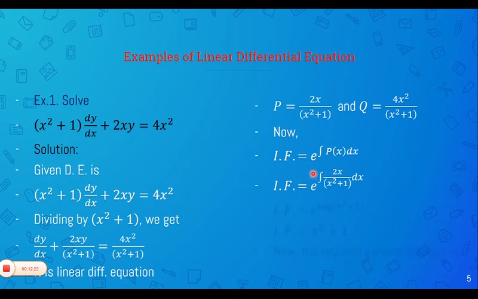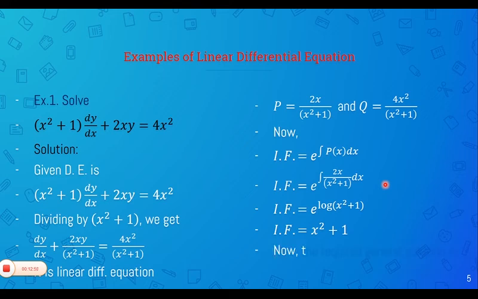Therefore, the value of this integration is log of the denominator, and the denominator is x square plus 1. Therefore, integrating factor is equal to e to the power log of x square plus 1. The log and e both have the same base, and therefore e and log get cancelled out, and therefore integrating factor is equal to nothing but x square plus 1.